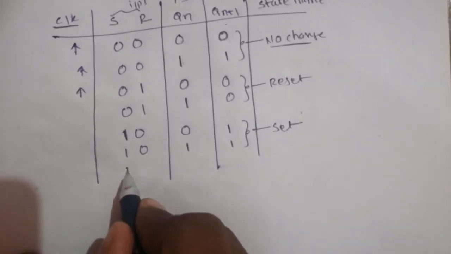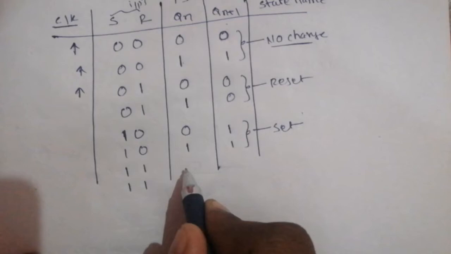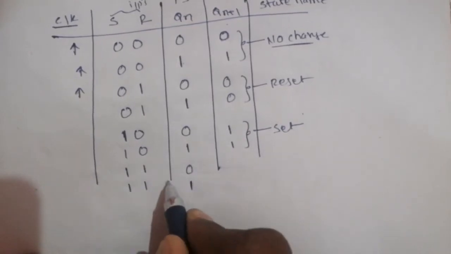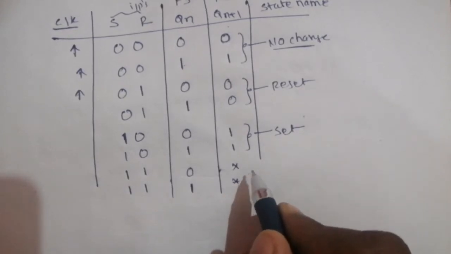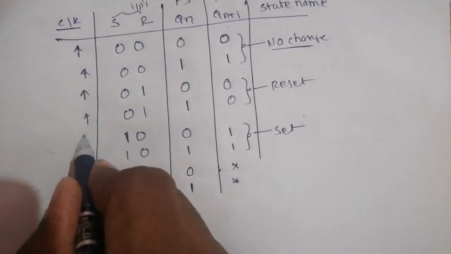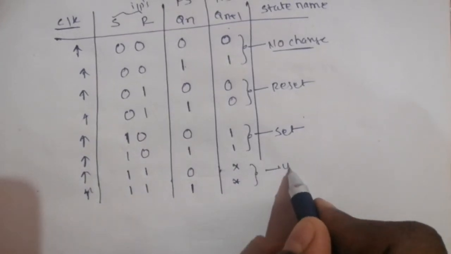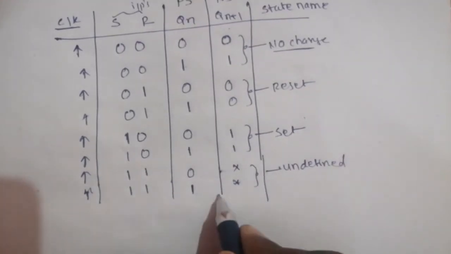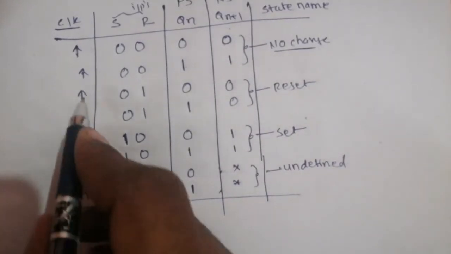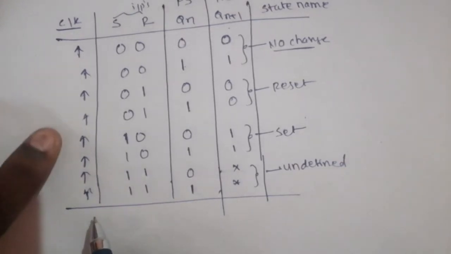When the inputs are 1 1, whether the present state is 0 or 1, both Qn and Qn bar are trying to get 1. That's why this state is called the undefined state. This is when we give a positive edge trigger.